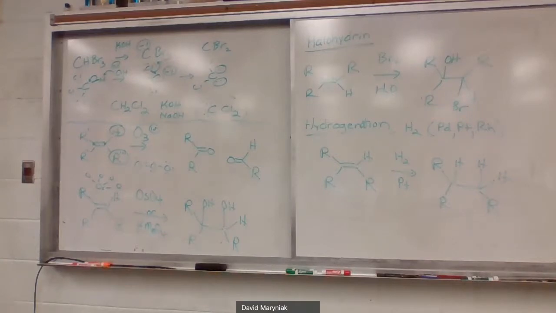It'll work sometimes, but it won't work as well as osmium tetroxide. So if you have big pockets, what do you use? Osmium tetroxide. If you don't have a lot of money, what do you try? And then if it doesn't work with KMnO4, you take, borrow, or steal osmium tetroxide because that'll help you get it done.